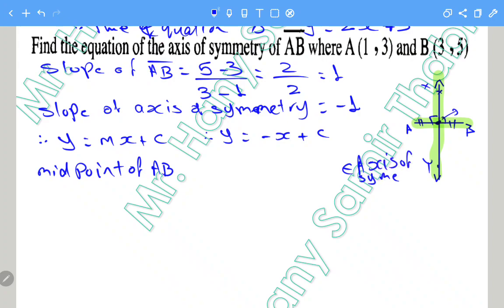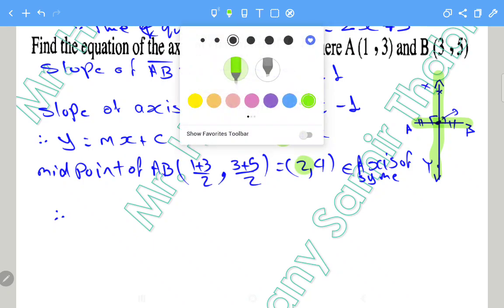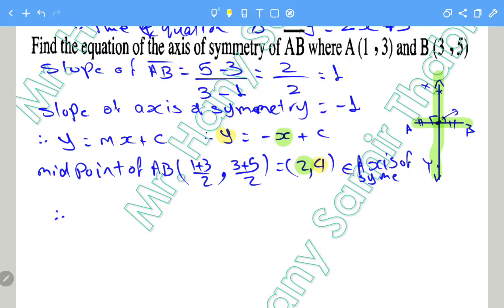So what is the midpoint? Midpoint: x1 plus x2 over 2 and y1 plus y2 over 2, 1 plus 3 over 2 and 3 plus 5 over 2, which is 2 and 4. Then I have to substitute with x equals 2 and y equals 4. Then 4 equals negative 2 plus c.